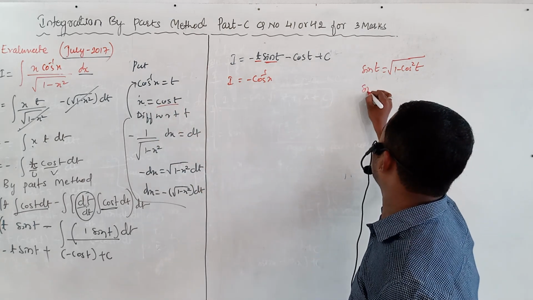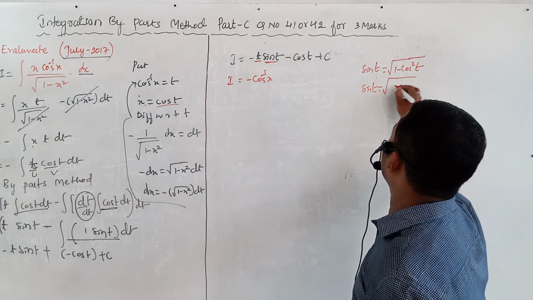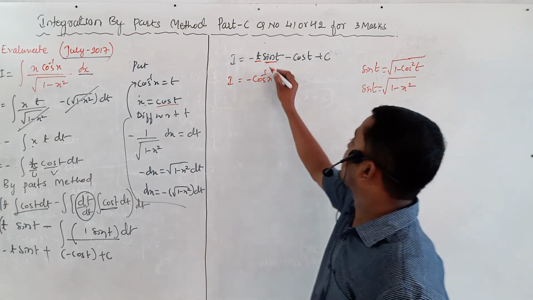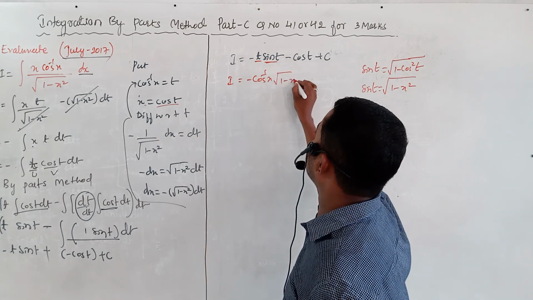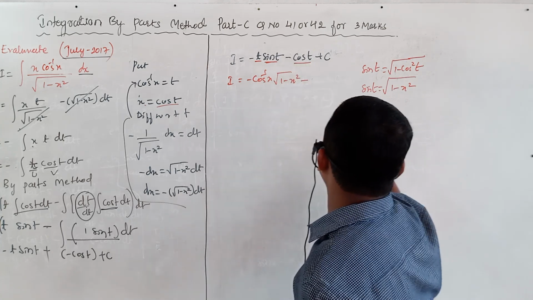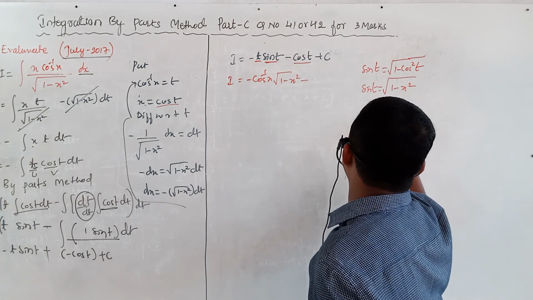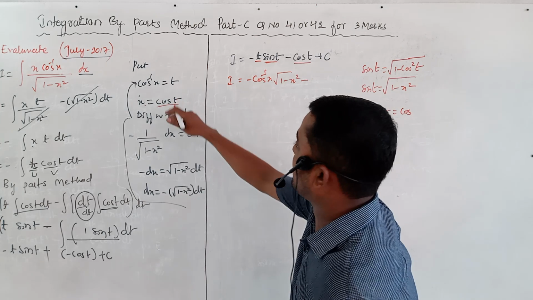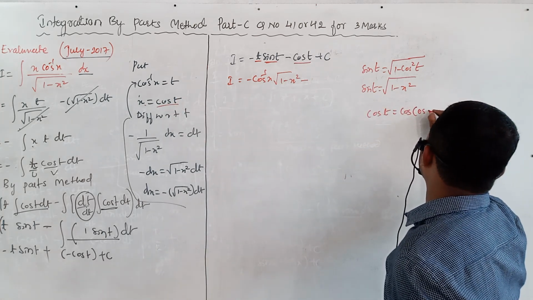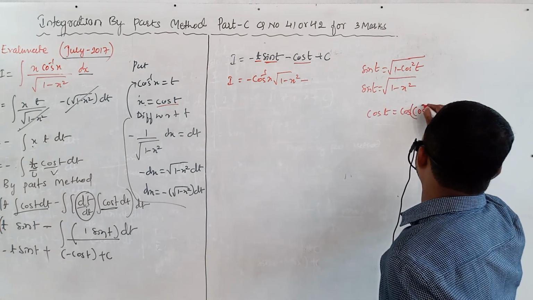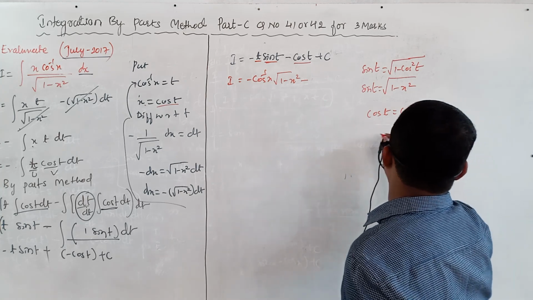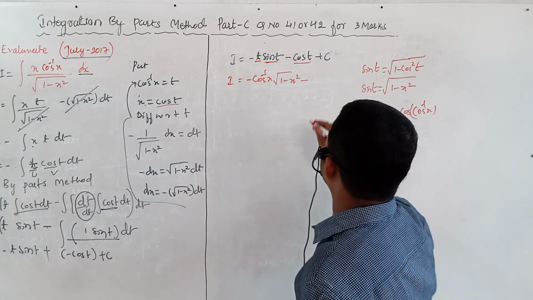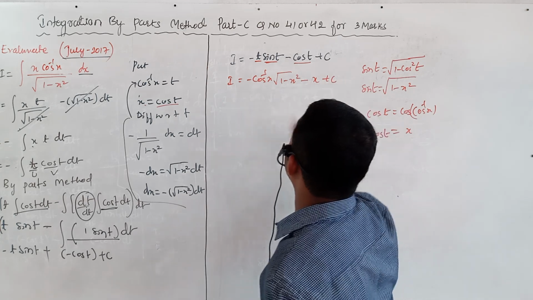That is sin t is equal to root of 1 minus x square. In place of sin t I write root of 1 minus x square, minus cos t. Cos of cos inverse x is equal to x. That is cos t is x, plus C. This is the final answer.